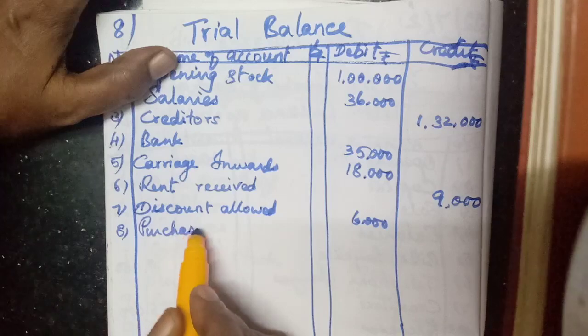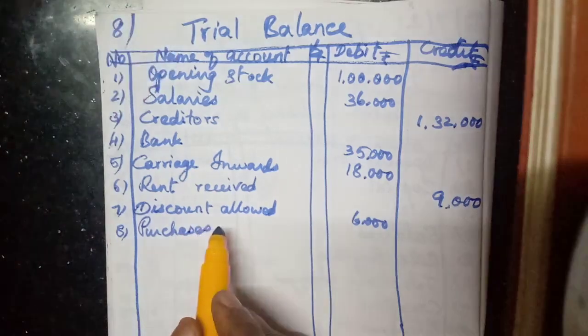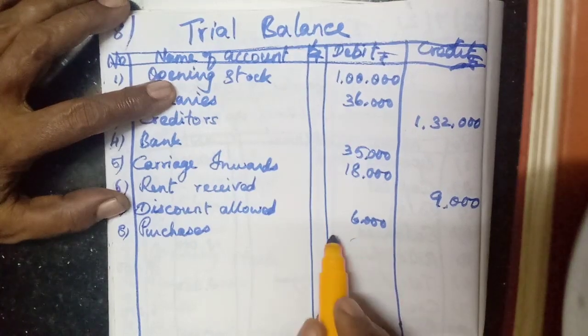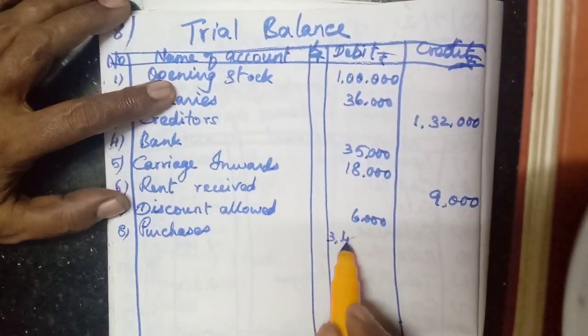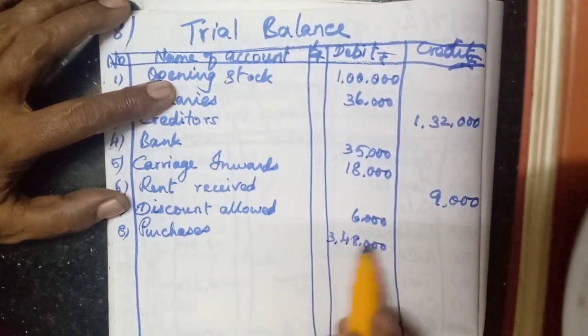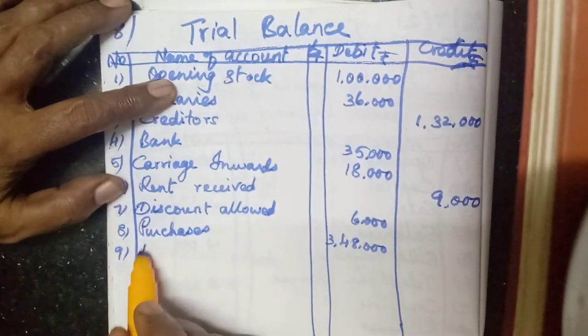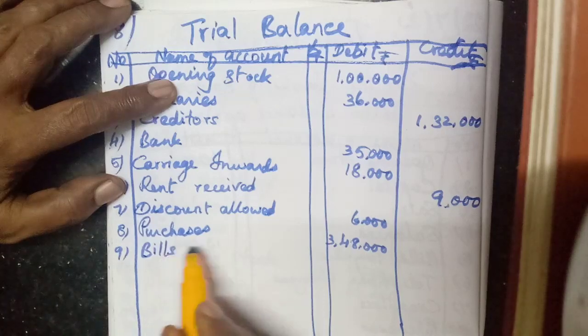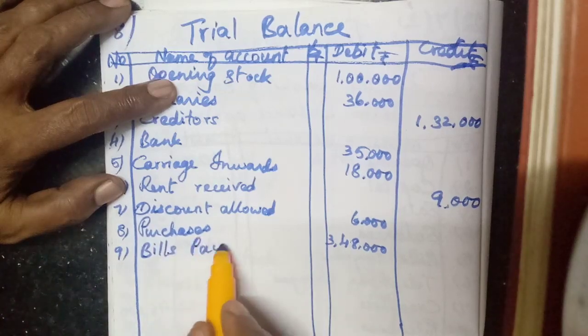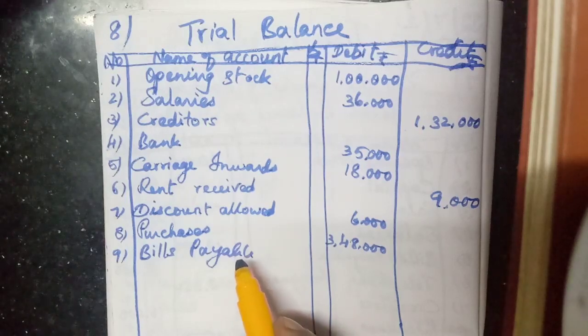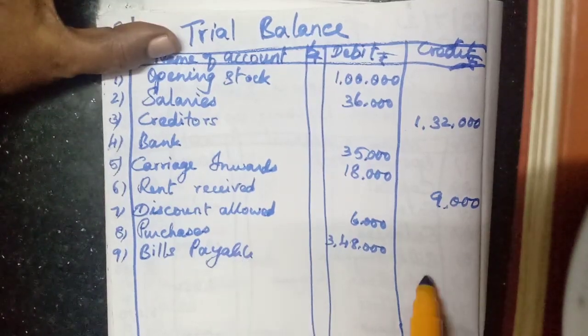Purchases should be debited. Here how much? 3,48,000. Bills payable. Bills payable is a liability. So we should credit 60,000.